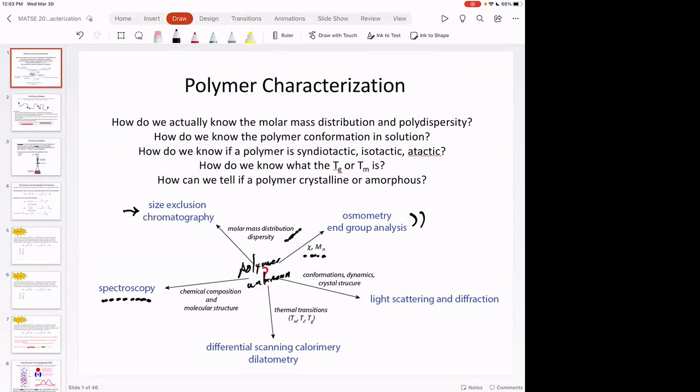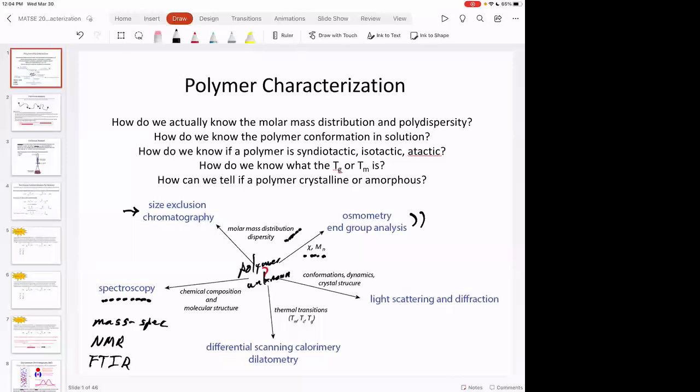That's right. But what's the spectroscopy that you learned about in organic chemistry? Mass spectroscopy. Mass spec. What else? What's an easy one? NMR. FTIR.